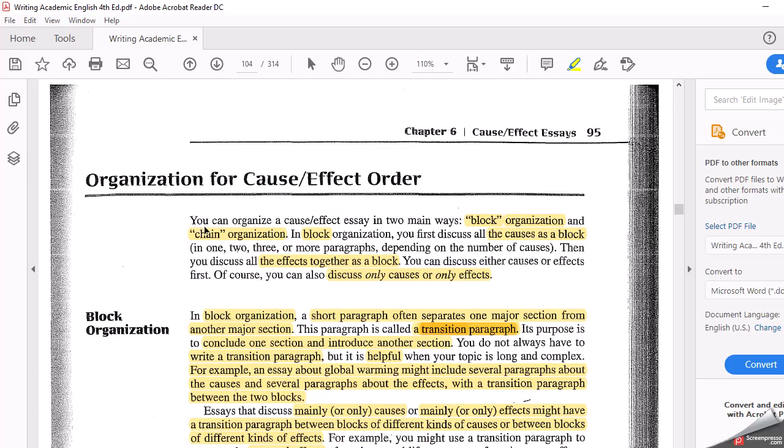Here we are going to talk about two types of organization of cause and effect. You can organize a cause and effect essay in two main ways.